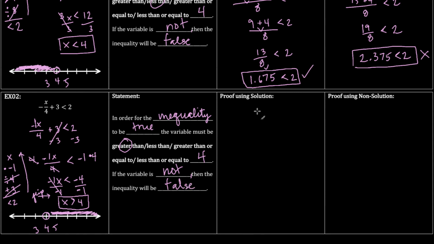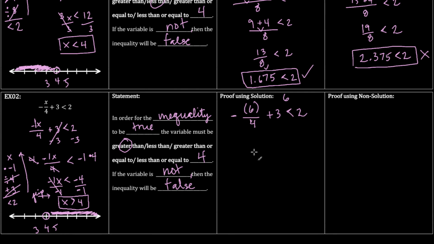So let's put in a value. Remember, x has to be bigger than 4. I'll pick 6. So negative 6 over 4, don't forget the negative, plus 3 should be less than 2.